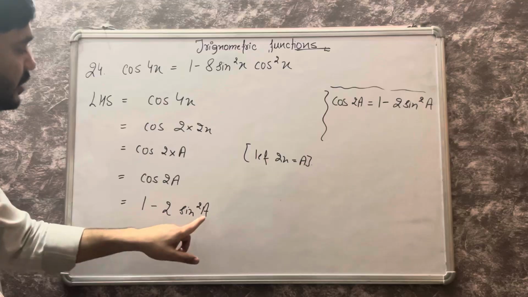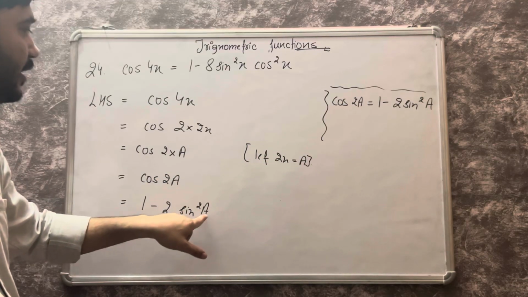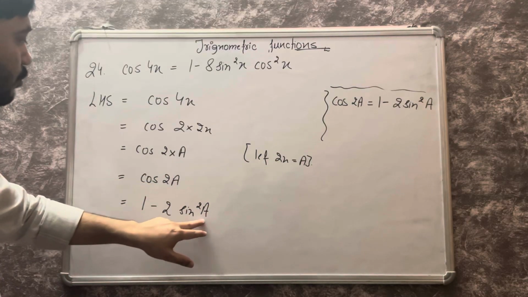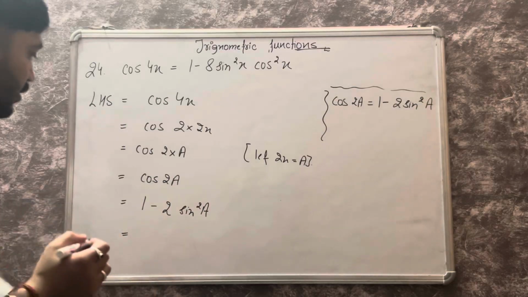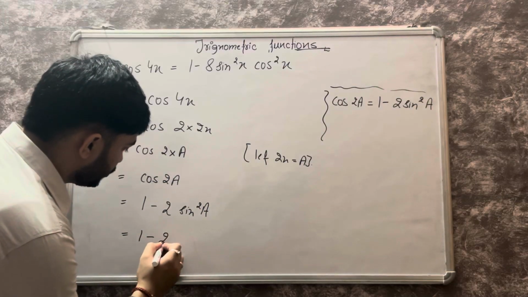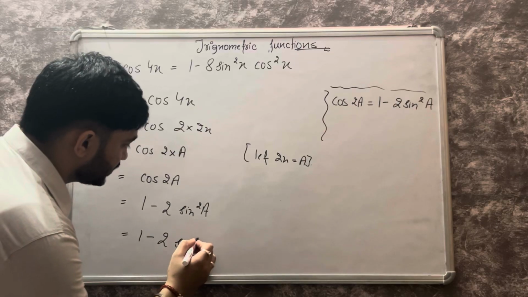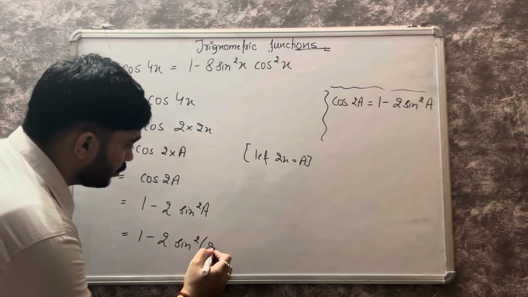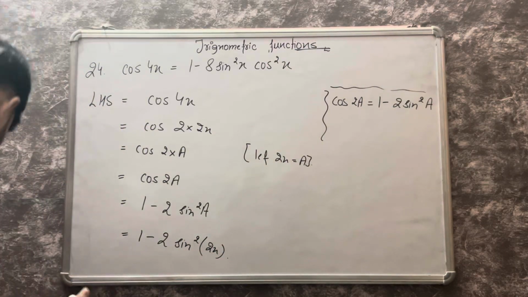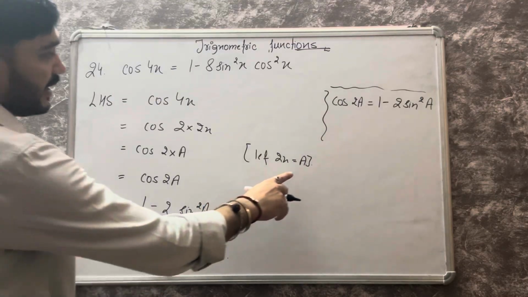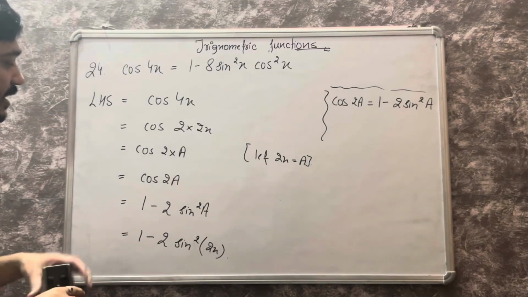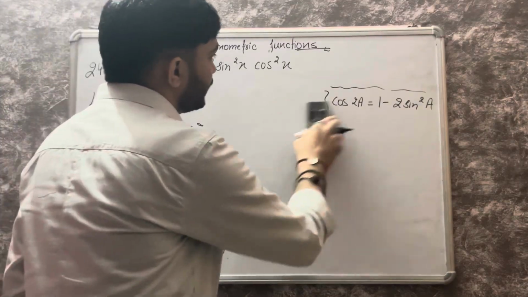Now we are going to resubstitute the value of a here because we do not require a here anymore. So 1 minus 2 sine square of 2x. Here this a is known as a dummy variable that we are using for our benefit.